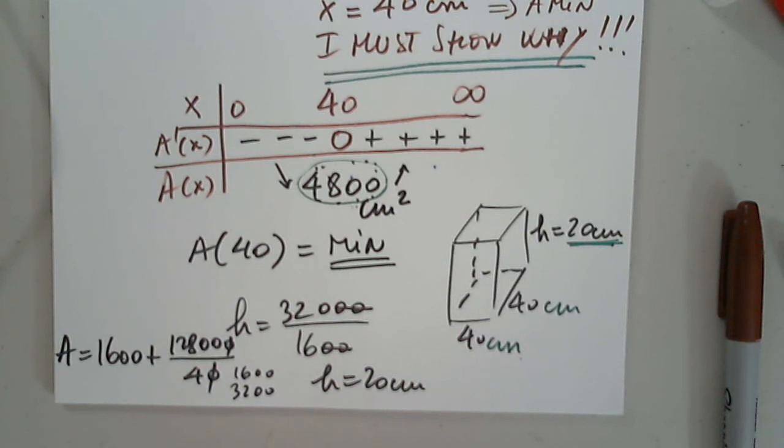And as you see, this problem has basically a maximum and a minimum. A piece of wire 10 meters long is cut into two pieces. One piece is bent into a square and the other into an equilateral triangle. How should the wire be cut so that the total area enclosed is a maximum and a minimum?